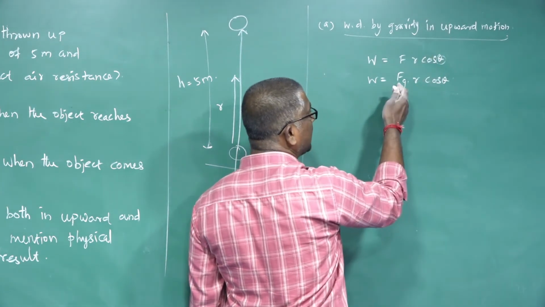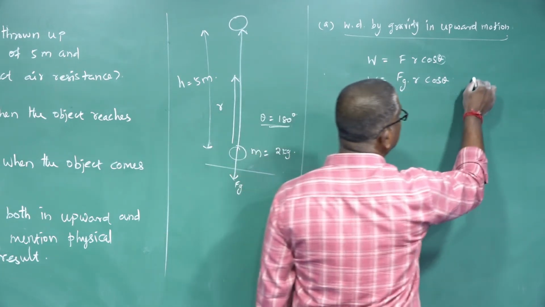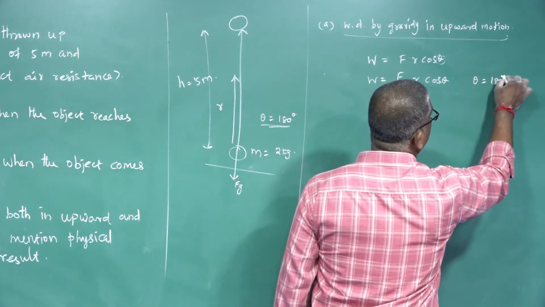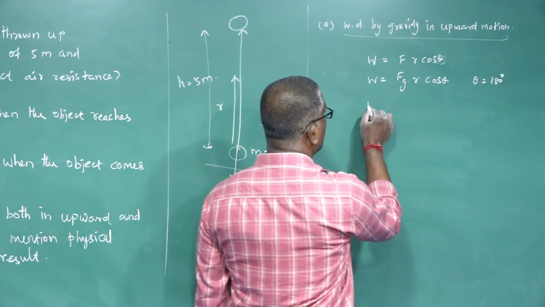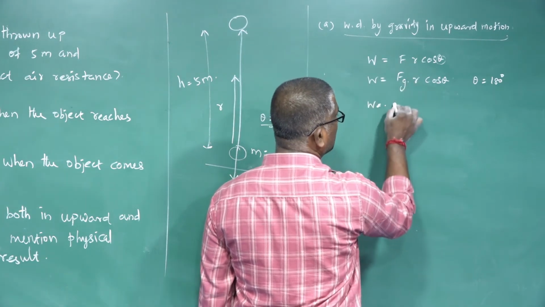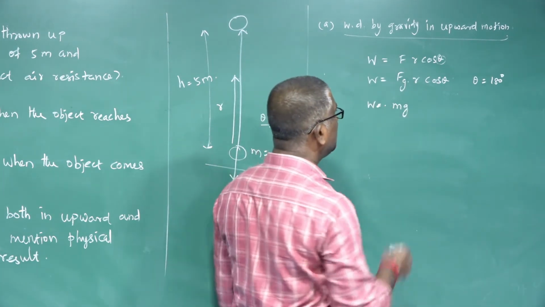During upward motion, the angle between gravitational force and the displacement is 180 degrees. So W = F_g·r·cos theta, where gravitational force is mg.